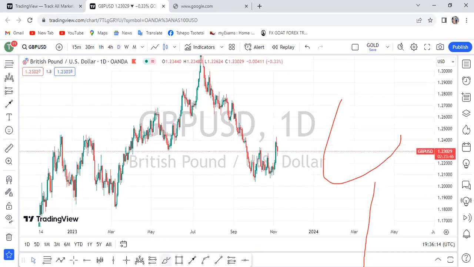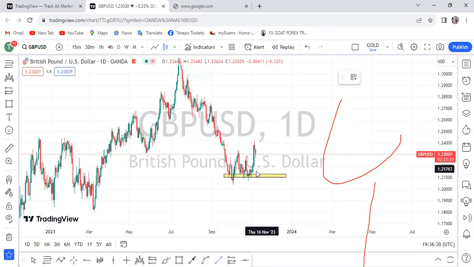So with GBP USD, we can see, okay, the market failed to make a lower low. So it gave us a double bottom here. It gave us a double bottom because we were in a downtrend. This is our downtrend.